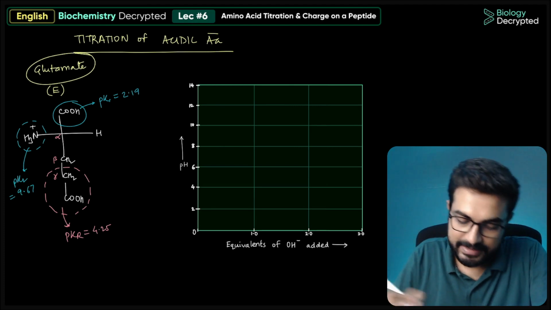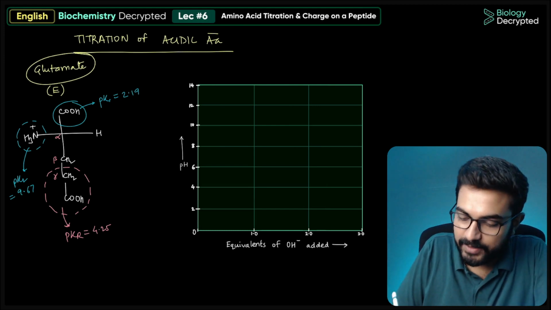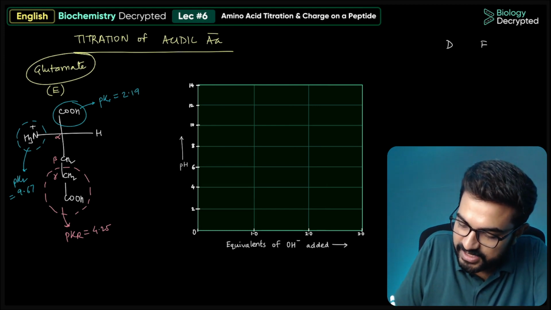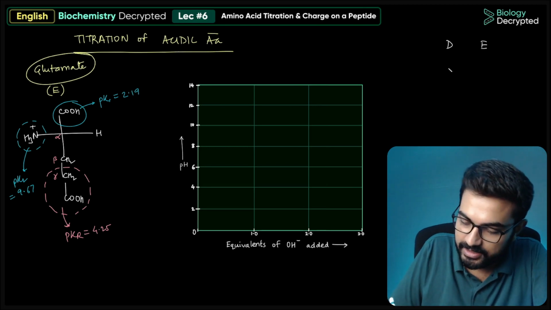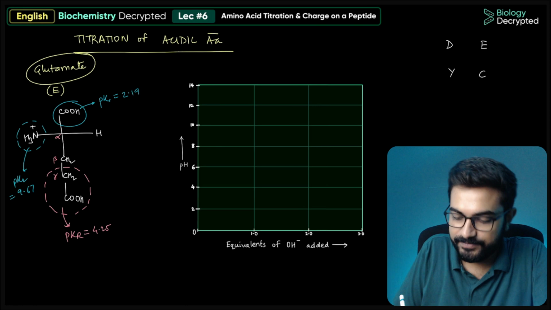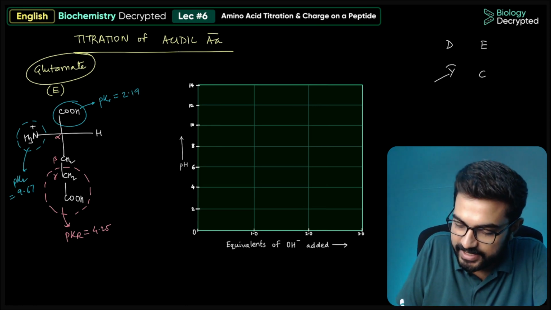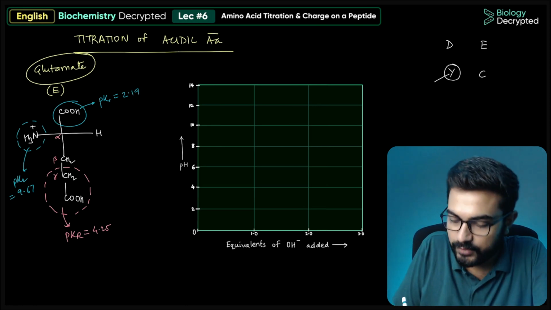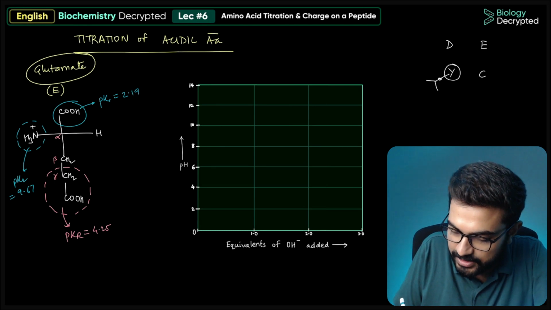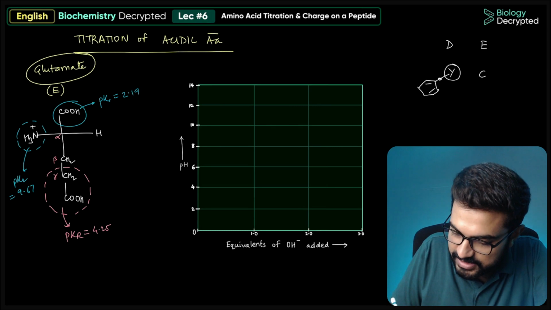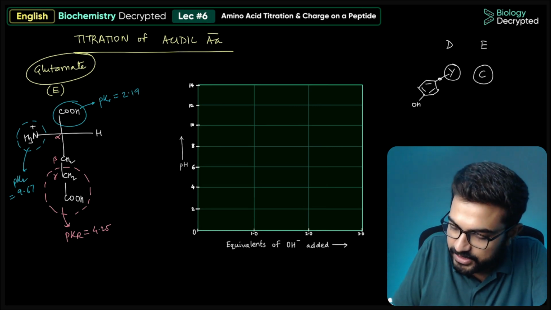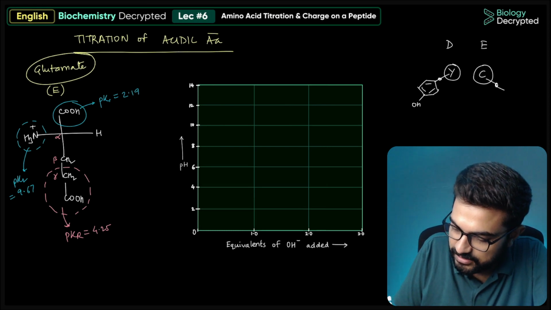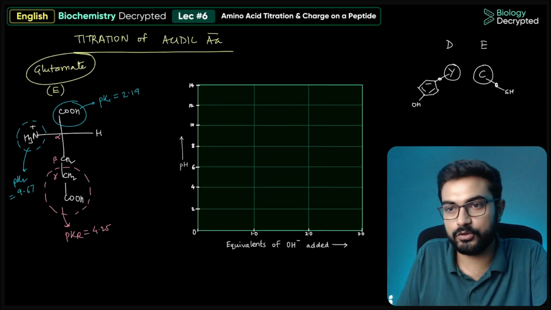Now, there are other acidic amino acids as well, like those with a phenolic group or sulfhydryl group: Y and C. Y is tyrosine, and for tyrosine there is a carbon, then a benzene ring, and this OH. This is the phenolic group which is attached. Similarly for cysteine, we have this CH2 group and this sulfhydryl group.